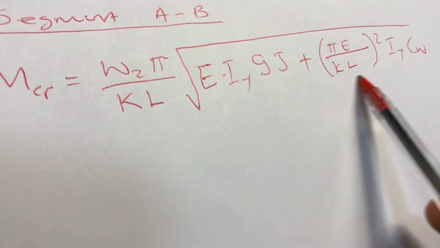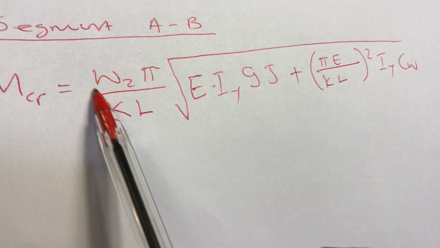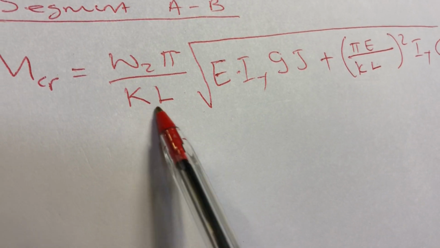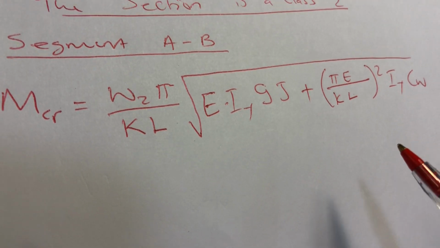All this information is given inside the table. The only things you need to calculate are your ω and your K, which you can also find on other tables.